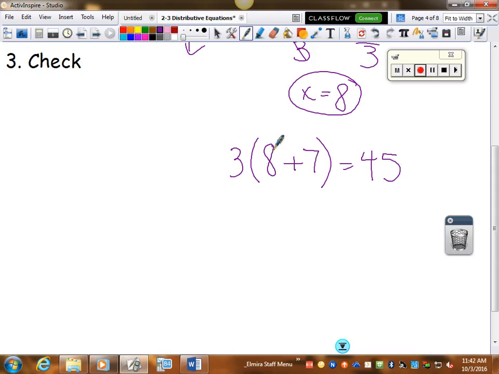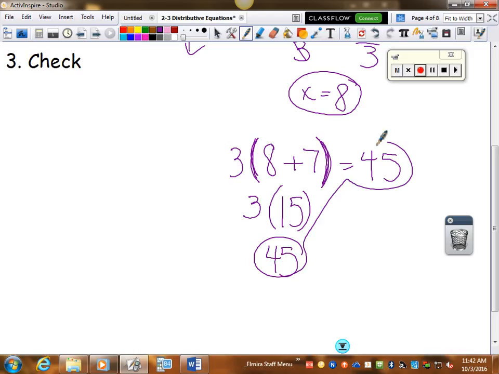So if I put 8 in place of the x and then follow order of operations, I should get 45. 8 plus 7, I have to do parentheses first. Please excuse my dear Aunt Sally. Parentheses first, 15. Then multiply that by 3, and I get 45, which is what I wanted to get. Okay, so I don't focus a whole lot on showing you how to do the check because it's pretty easy.